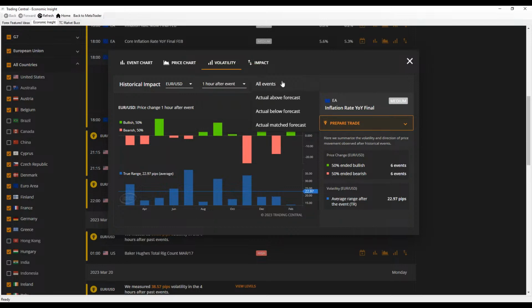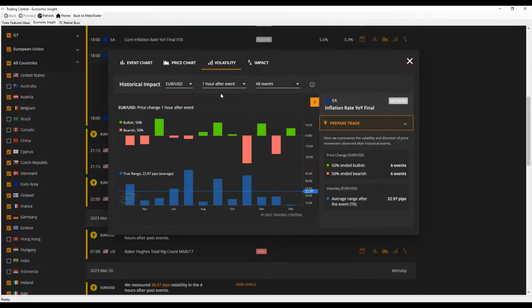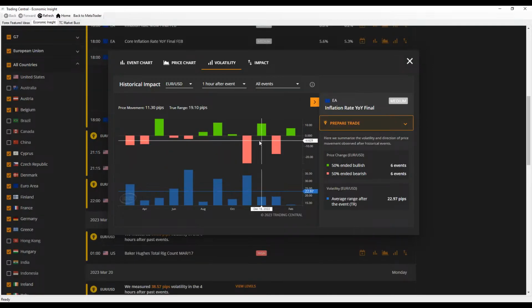Historically, 1 hour after this event, the euro dollar is 50% bullish and 50% bearish. Here we are measuring for the past 1 year. So 50% of the time after this release the prices were bullish, and the other 50% the prices went down.